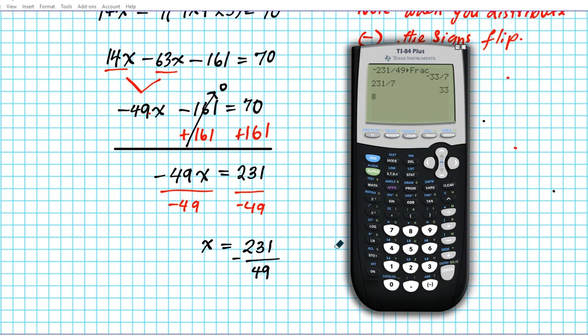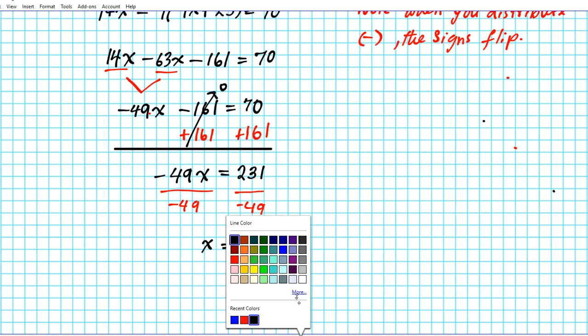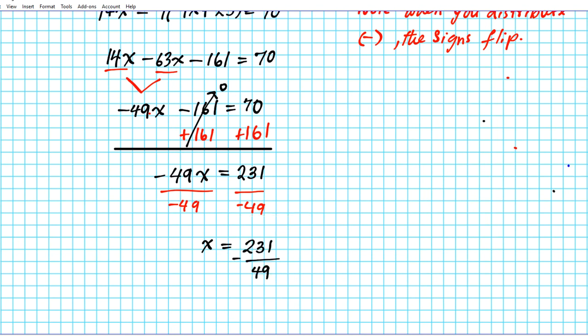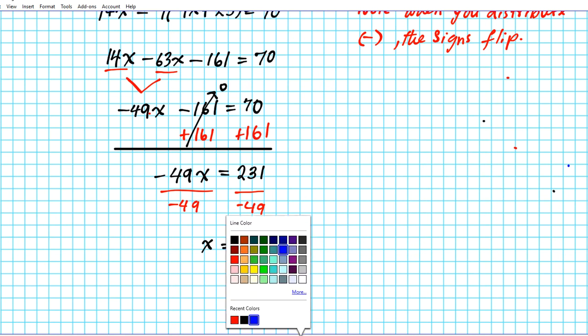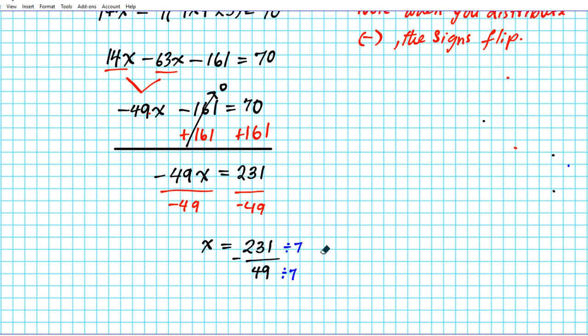So if we were doing this by hand, we'd simply divide the top and bottom by 7. But that requires that you know that 231 is divisible by 7. But if you don't know and you can use a calculator, which you can use on the test, you just use a calculator trick and you end up with negative 33 divided by 7 as your final answer.